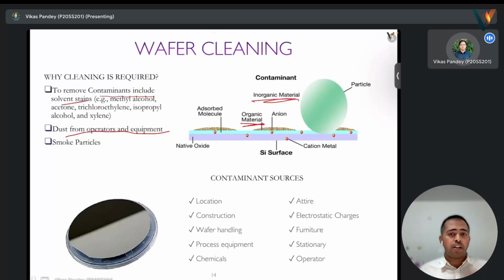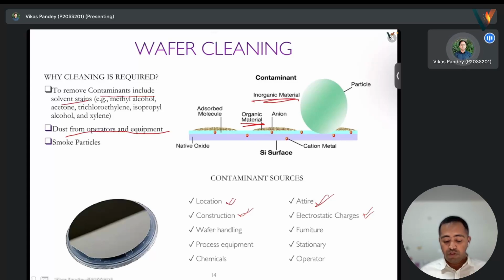Some molecules might get absorbed since it is opened in the air. Something might get attached to it. So what are the different sources that can cause this contamination? They are the location itself where it is being kept, the attire, even though we have taken care, there can be some contaminants, some construction activity nearby, even the electrostatic charge, because particles get electrostatically charged.